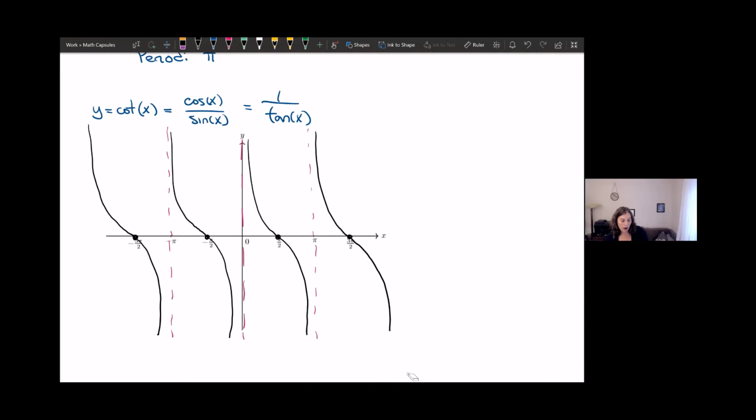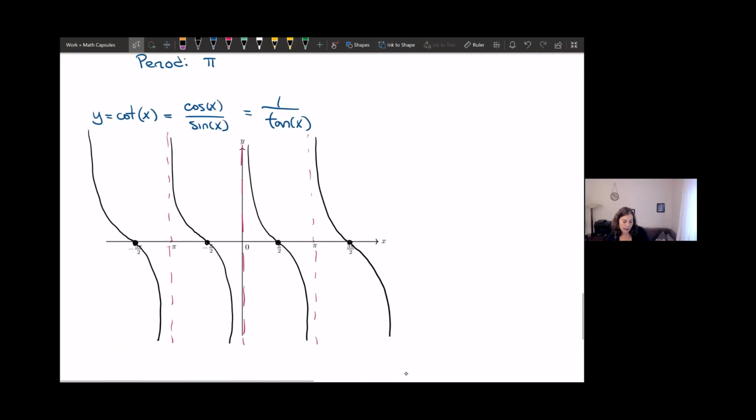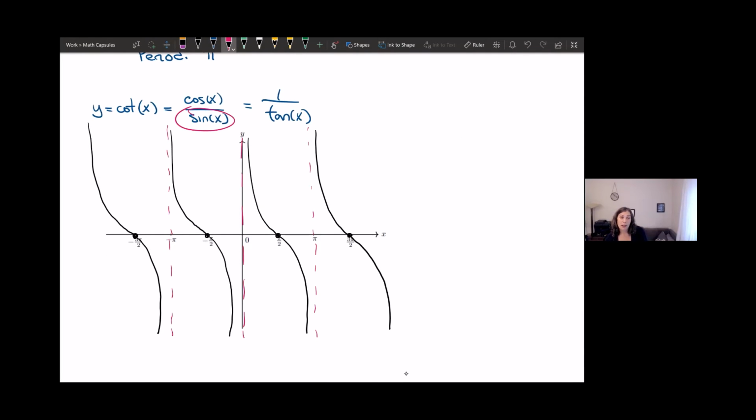Also, the places where I hit the x-axis for tan, those were spots where sine was equal to 0, but for cotan, if sine is equal to 0, that would create a division by 0, so that becomes the places where my vertical asymptotes happen. For the rest, you could think about taking reciprocals, because cotan is the reciprocal of tan. If I flip the value around, positive values stay positive, negative values stay negative, but a number that used to be really big, when I take the reciprocal, becomes really small, and vice versa. That explains what you see here.